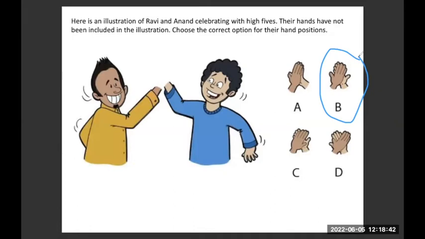So if a hand is missing, take clues from your own body, like how the alignment works in your body, and then literally answer this and orient yourself with reference to the figurines. It's much easier. So in this case, the correct answer is option B.